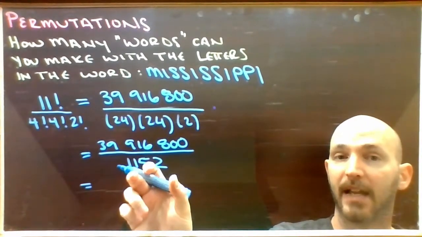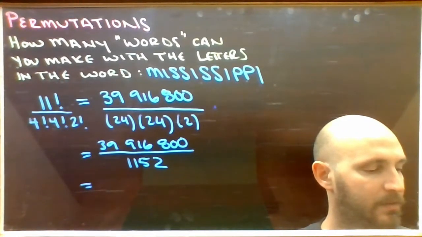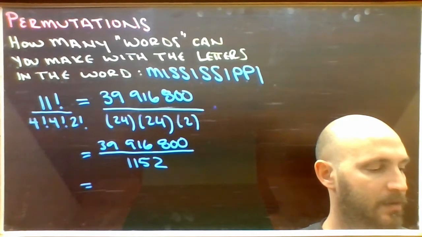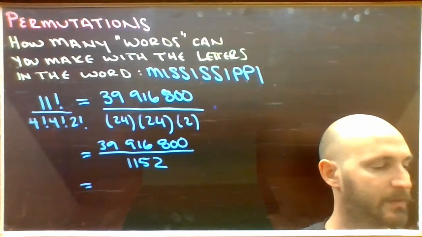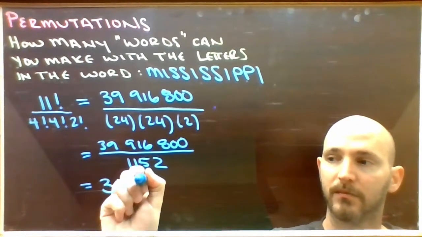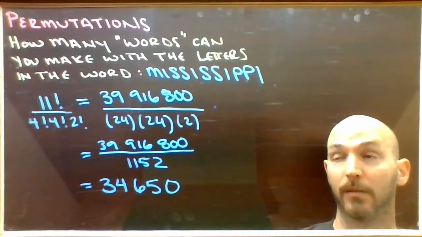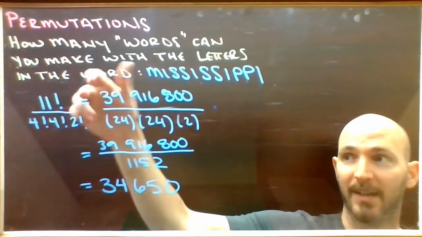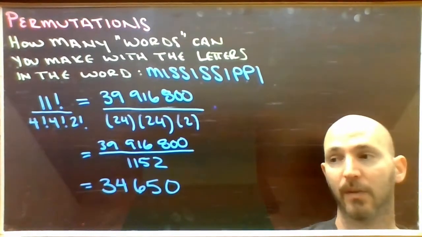Now that I have that all sorted, I'm going to do my big number. 11 factorial divided by 1152 is 34,650. Now that's really cut down. You'll notice 39, almost 40 million down to only 34,000.